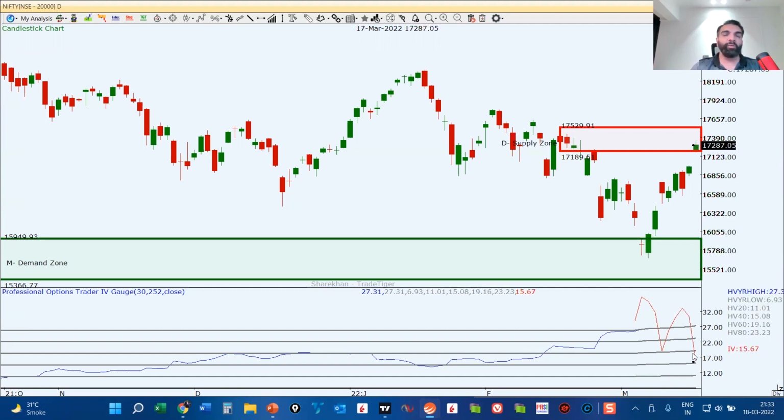Now, usually when we see the volatility dropping considerably, we see that the big moves that happen, the large gap ups or the gap downs, become considerably lesser. Okay, this is a little bit of an observation if you understand what the concept of volatility is.